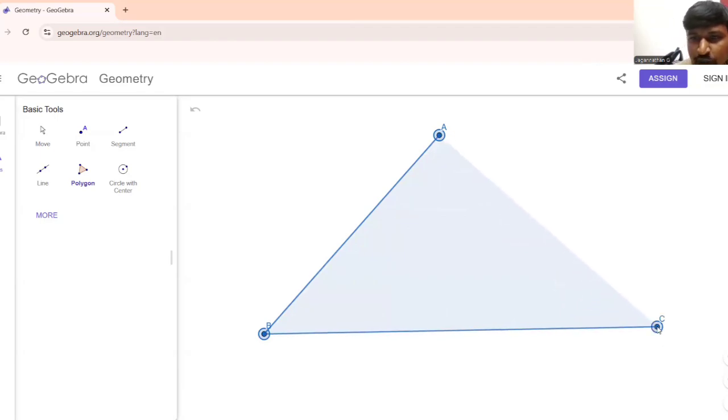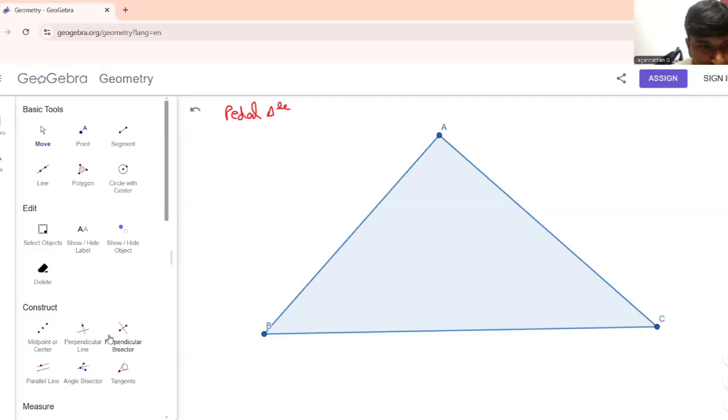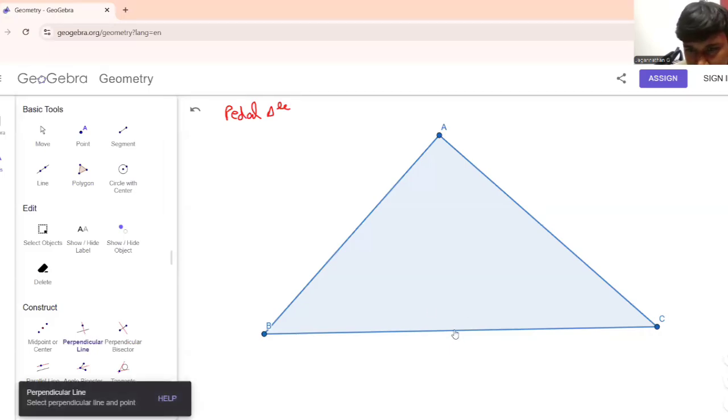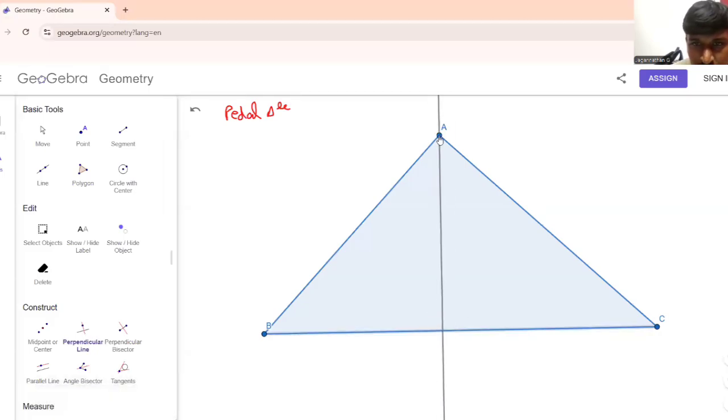So today we are going to learn about an interesting triangle, which we call the pedal triangle. It's a triangle created by the foot of the perpendiculars, meaning if I draw altitudes for each of my sides.